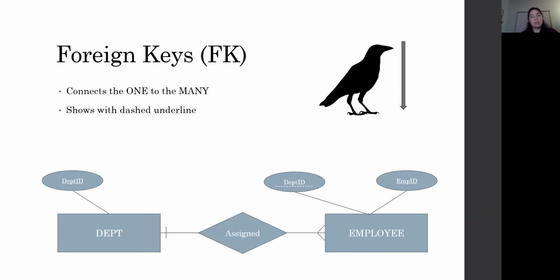The weak entity is the one that will always have the foreign key, always. So that is one of the definitions of the weak entity, is that it must contain a foreign key from another table.